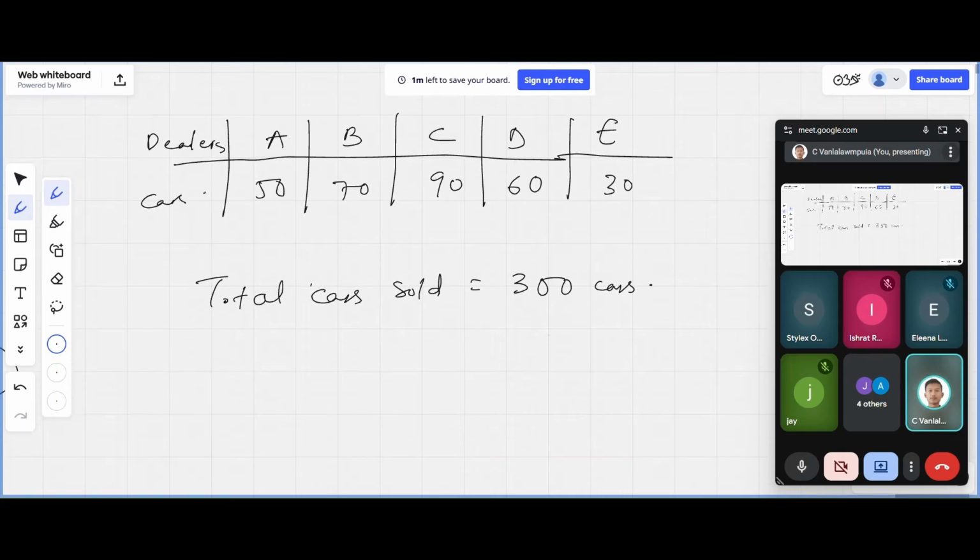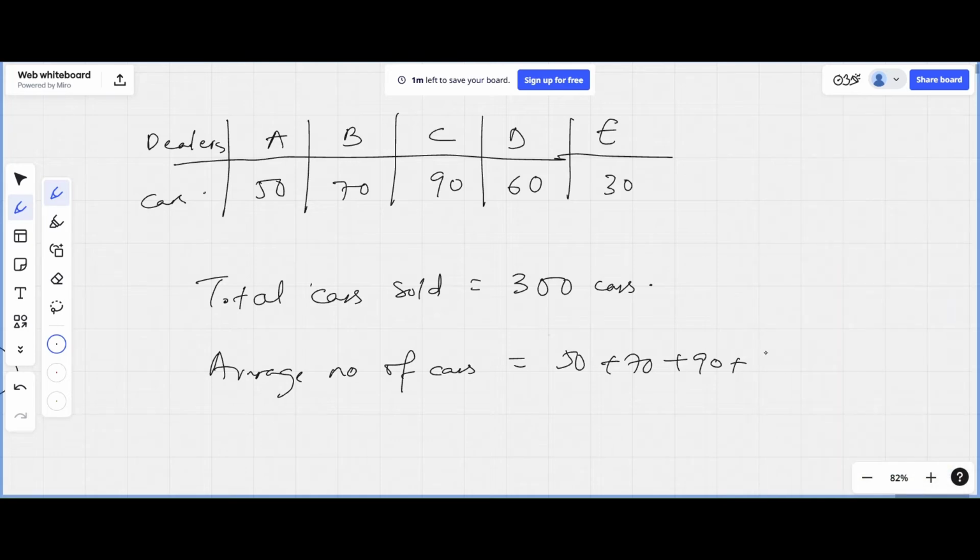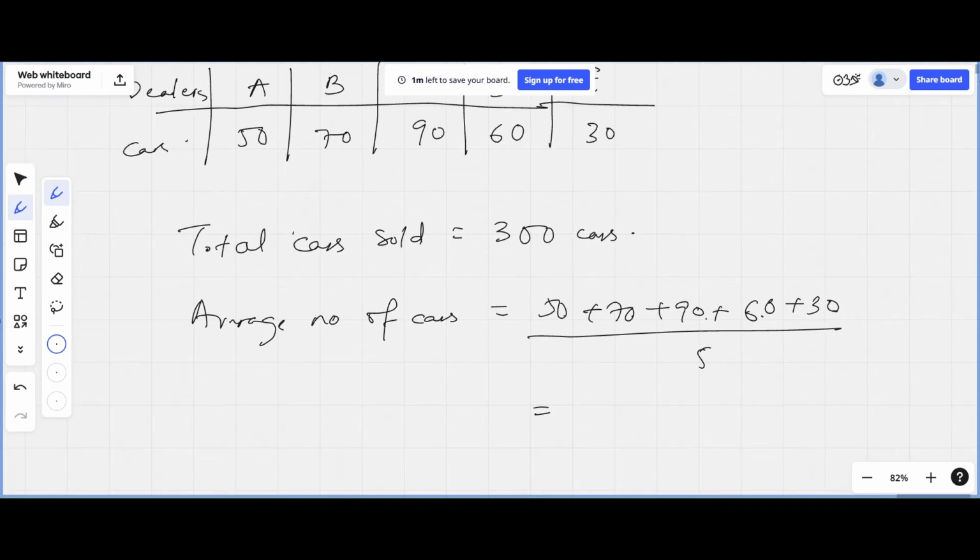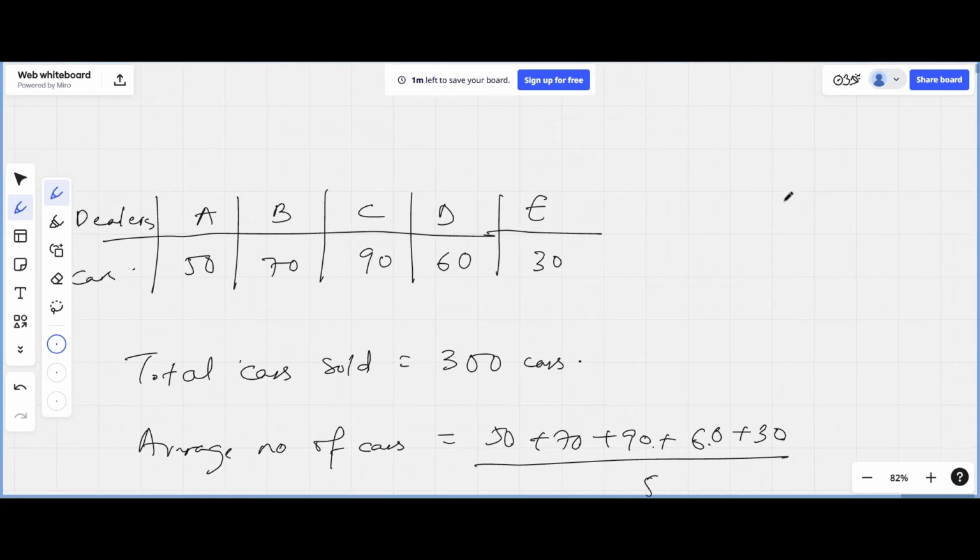What is the average number of cars? 50 plus 70 plus 90 plus 60 plus 30 divided by 5. How much do you get? The upper part is 300 and the bottom is 5, so it's 60 cars. Average is 60 cars.